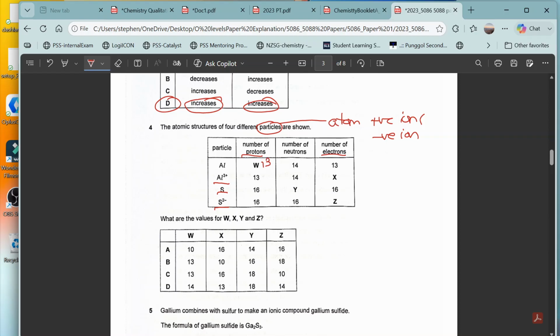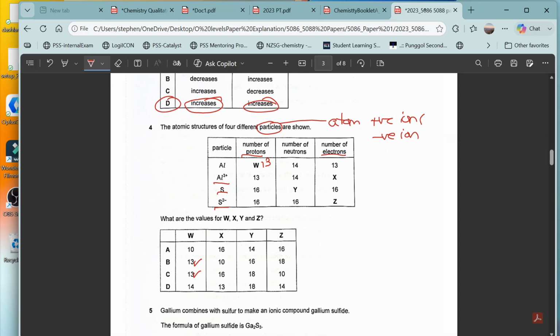So if the original number of protons is 13, then electrons is 13, and there's no difference, right? So W is 13. Again, look at sulfur. Sulfur atom is 16 and 16. Yes, that's correct.